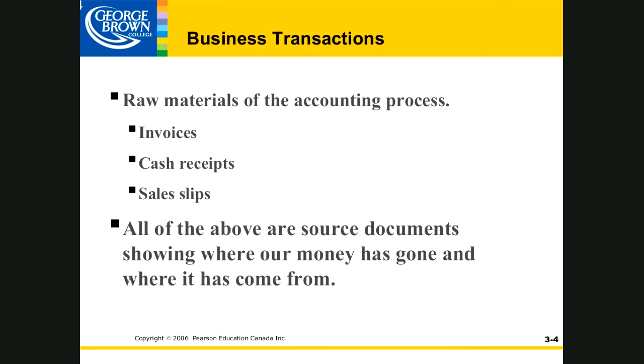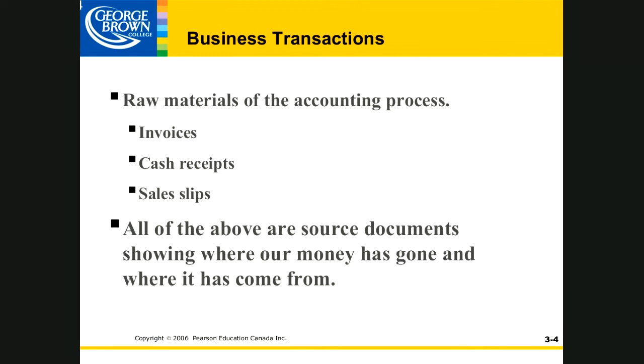Business transactions are the raw materials of the accounting process. They can come in the form of cash receipts, sales slips, or invoices. All of these documents show where money has gone and where it's coming from.